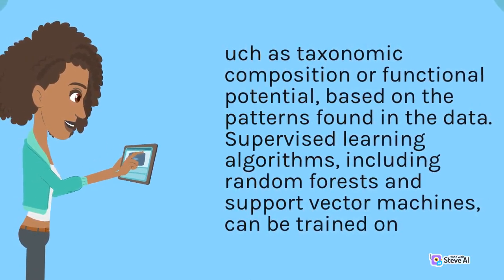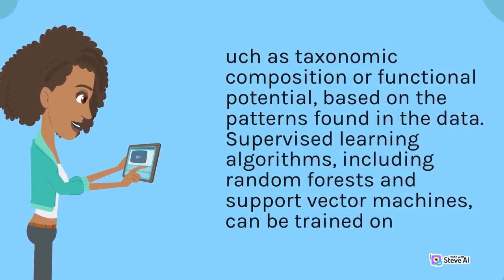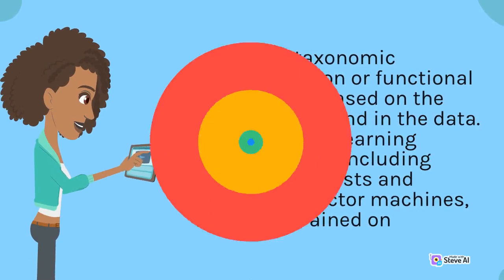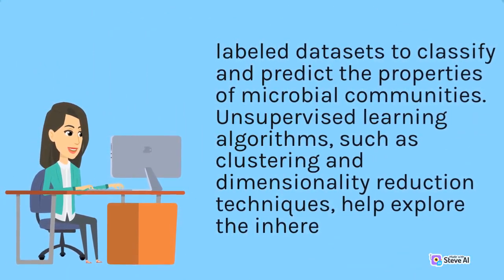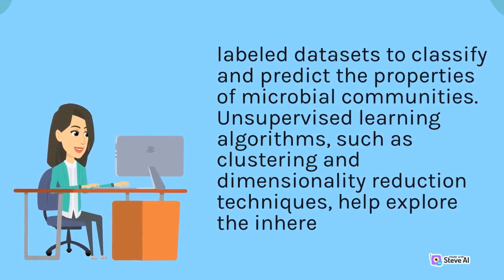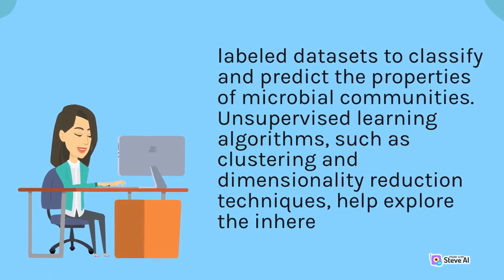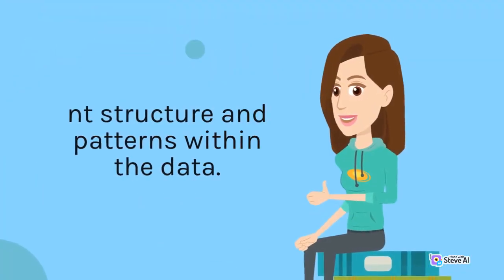Supervised learning algorithms, including random forests and support vector machines, can be trained on labeled datasets to classify and predict the properties of microbial communities. Unsupervised learning algorithms, such as clustering and dimensionality reduction techniques, help explore the inherent structure and patterns within the data.